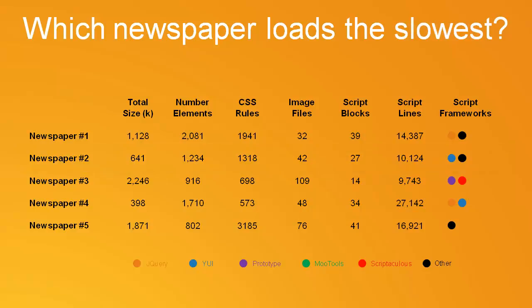If we see which one is the slowest, we'll see that in this case it's the one with the smaller number of elements in the page. Also, it's not the smallest or the biggest one in terms of size in K, and not in the script lines. We see this one is third in terms of lines of script.